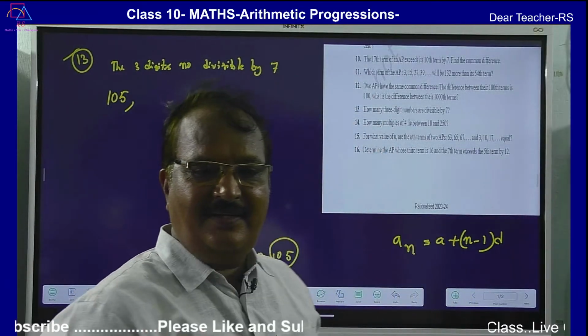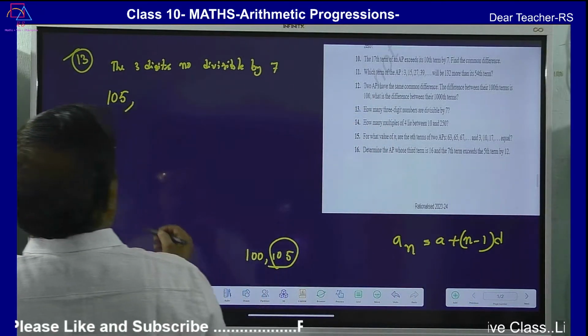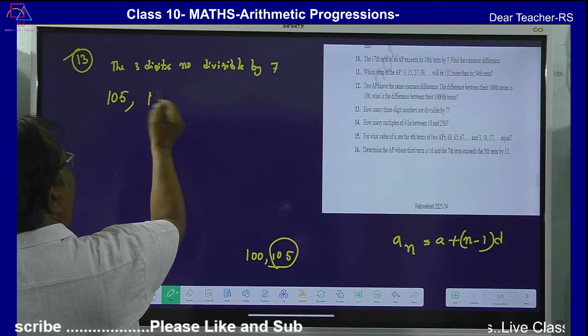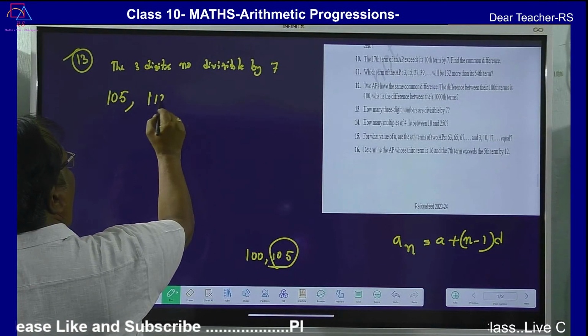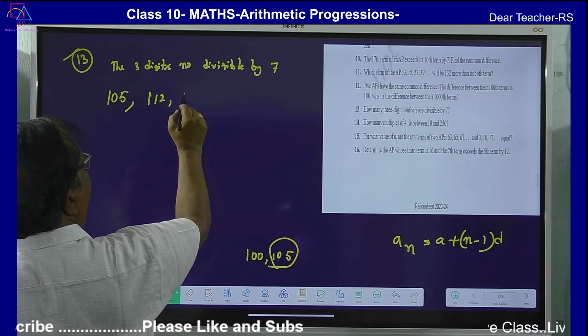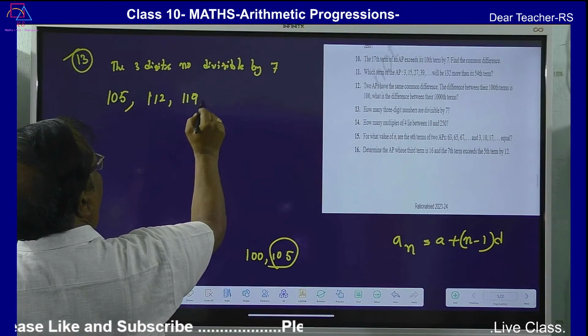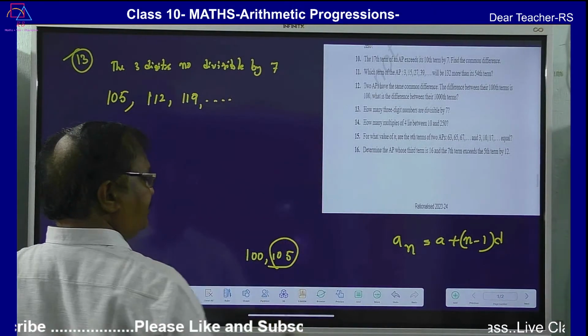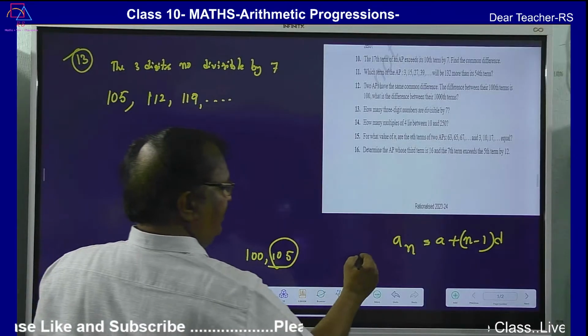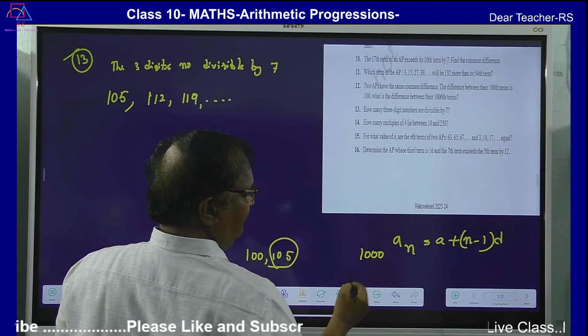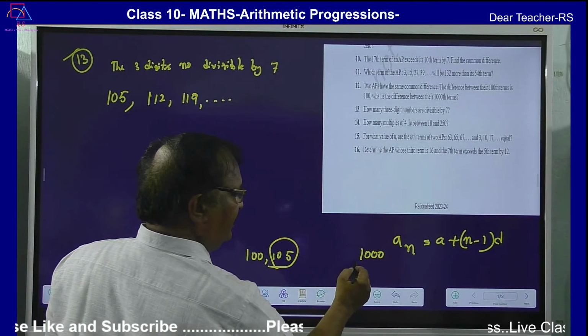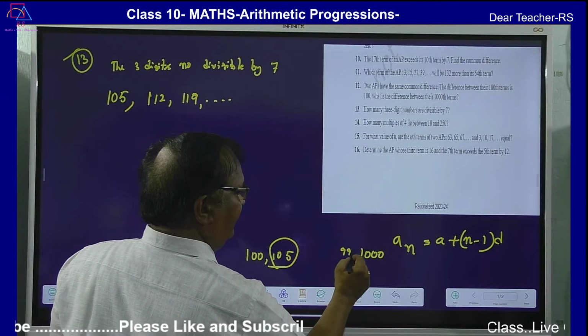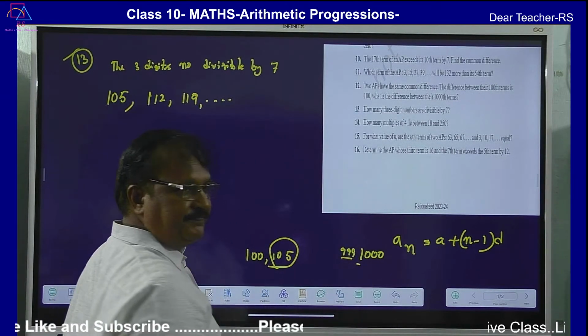So 105, plus 7 is 112, 112 plus 7 is 119, and so on. The last number: 1000 is a 4-digit number, right? Find out the last number. 999, is it divisible by 7?